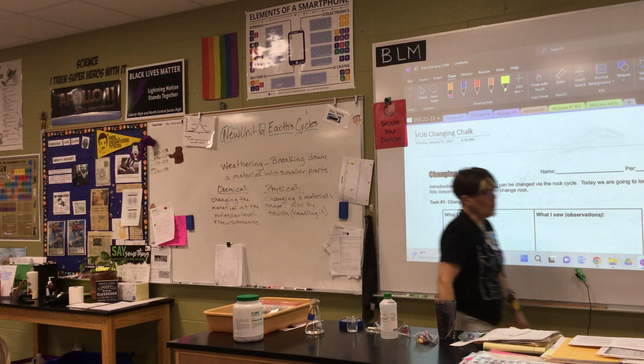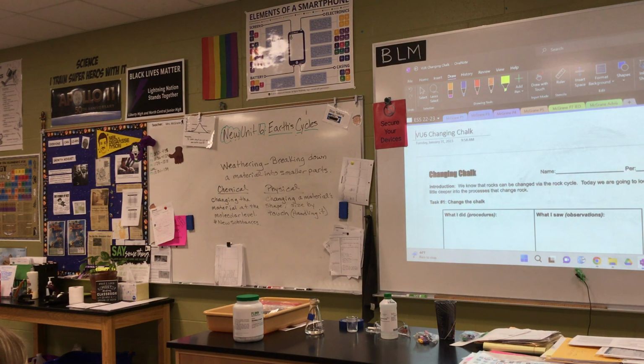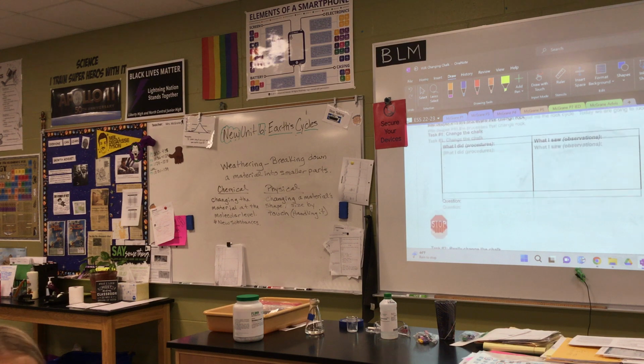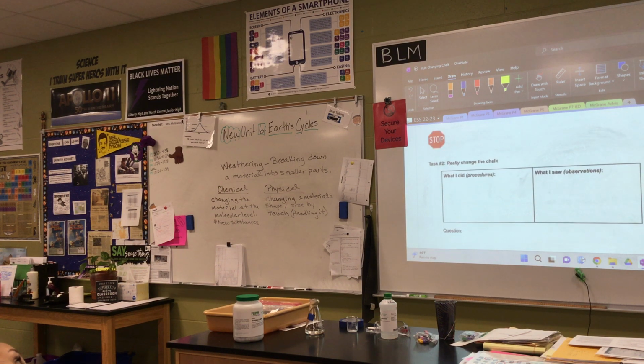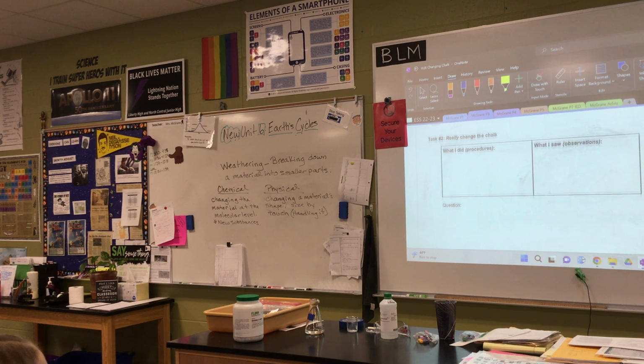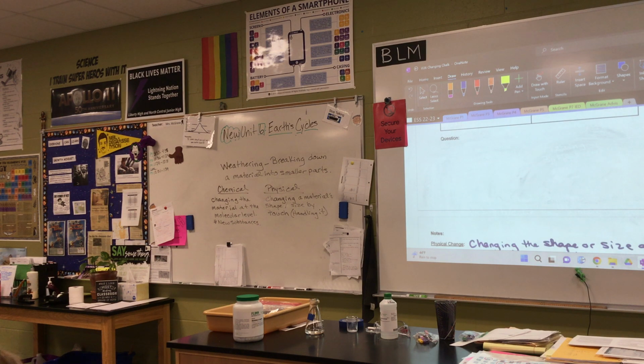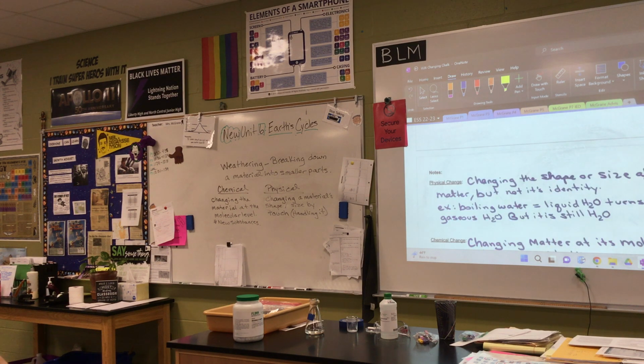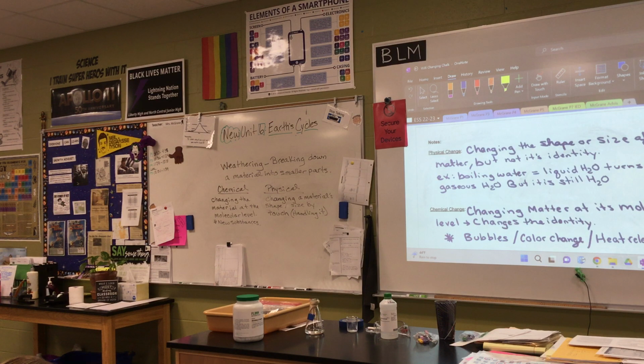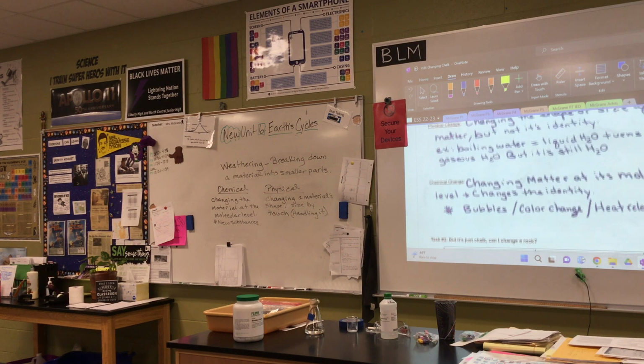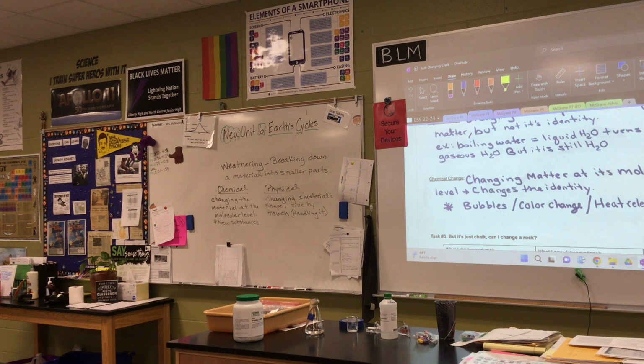Let's look at what we did yesterday. Yesterday we asked, did we really change the chalk when we put acid on it? And then we talked about how physical change is changing the shape or size of the matter, but not its identity. And chemical change is when we are changing matter at its molecular level, and it changes the identity.